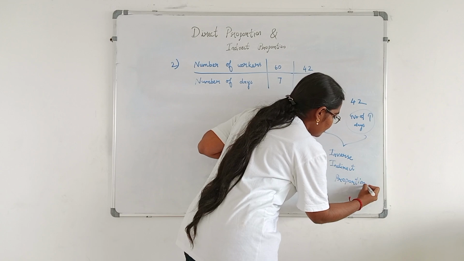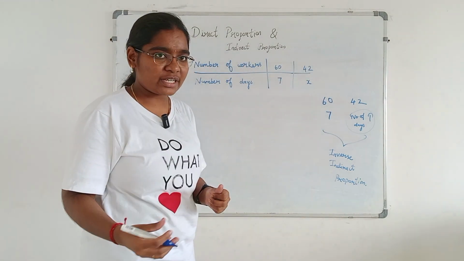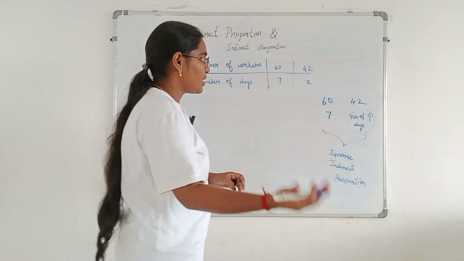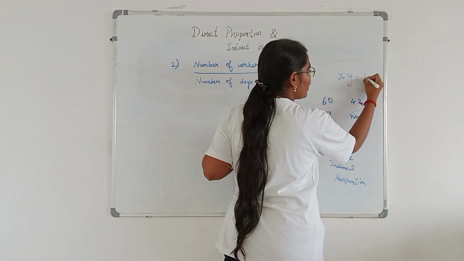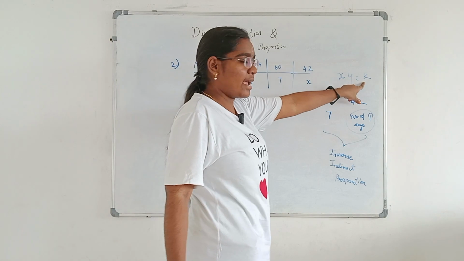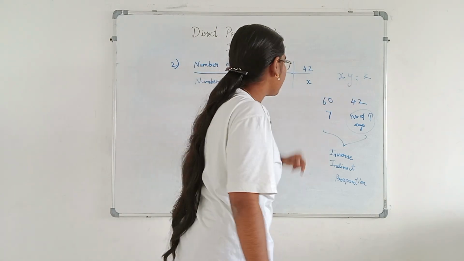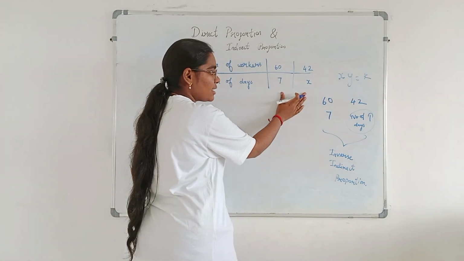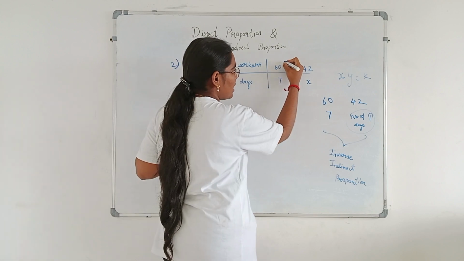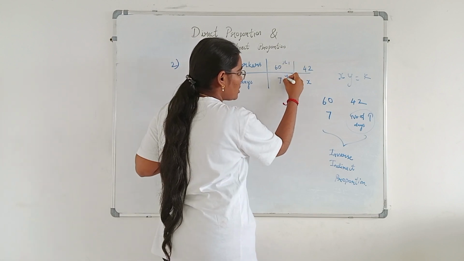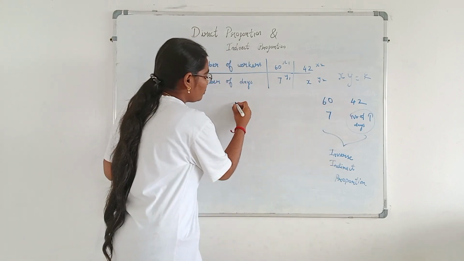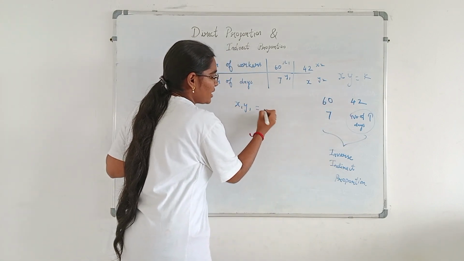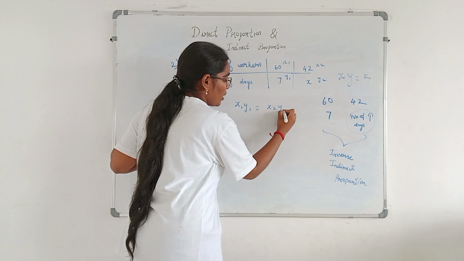In indirect proportion, mathematically it is denoted as x into y equal to k, where k is the constant of proportionality. Since there are two quantities, let us assume x1, y1, x2, y2. So x1 into y1 equal to x2 into y2.